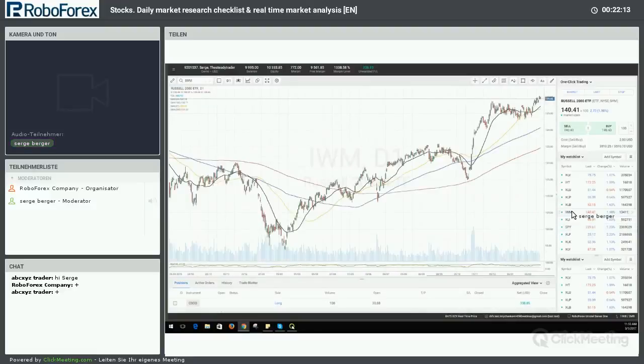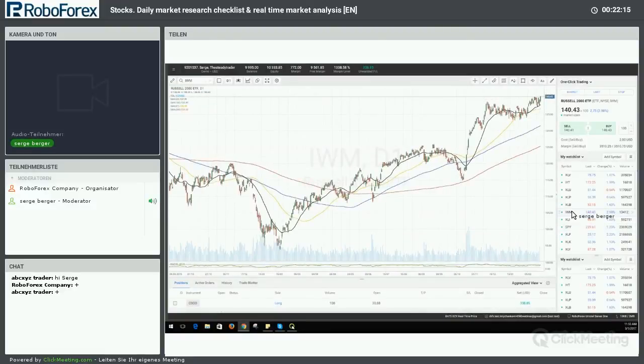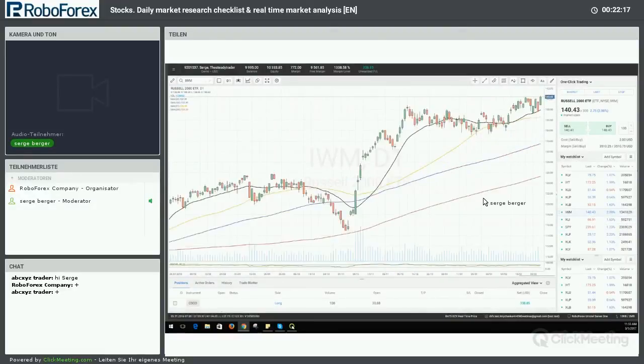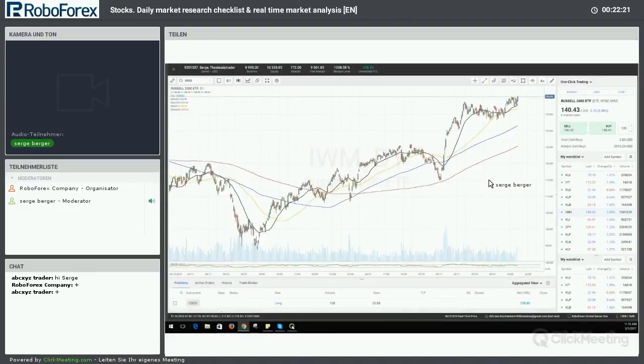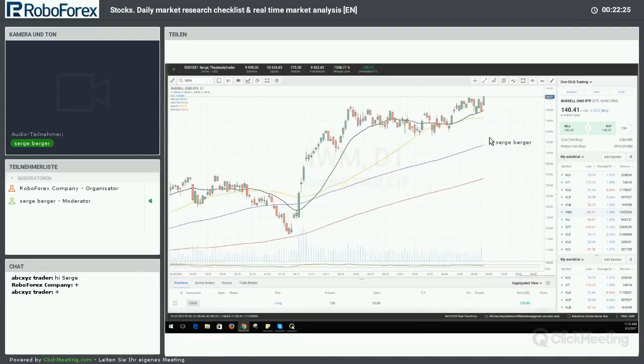If we have a quick look at the Russell 2000, you can see that we are noting what I would say is a quite bullish move from the perspective that we're further breaking out, and you can see once again we're holding above the 50-day moving average and the 21-day moving average.